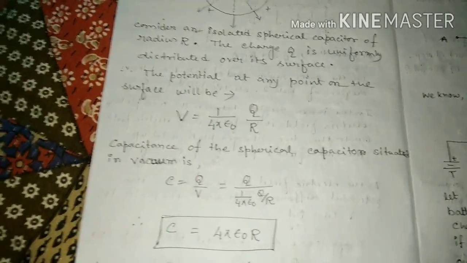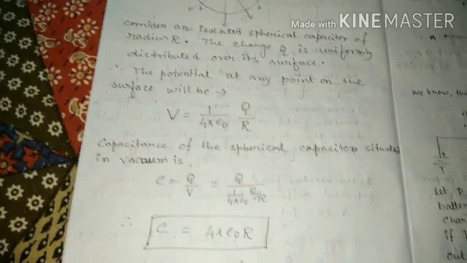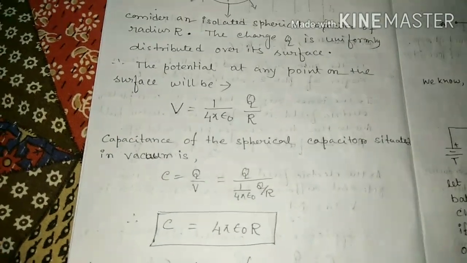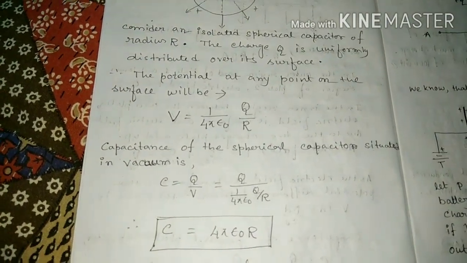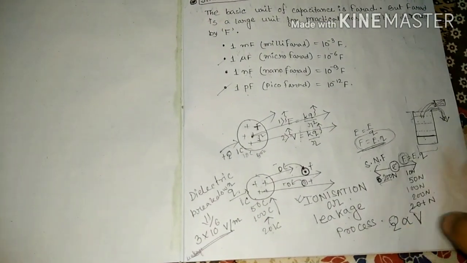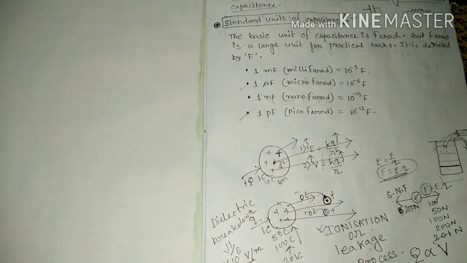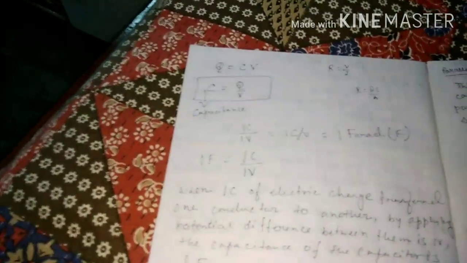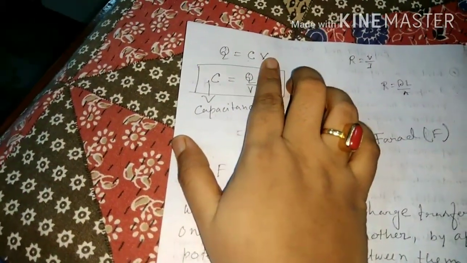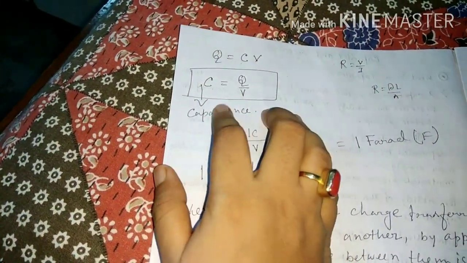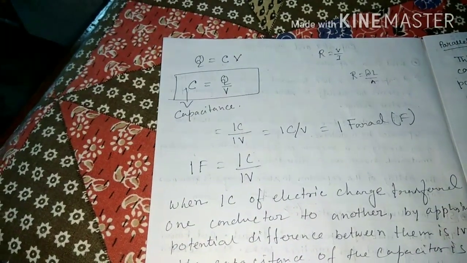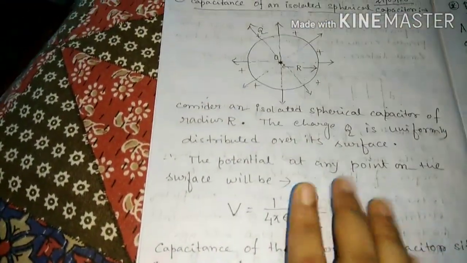After that, we know the equation that we studied in the last class: Q is proportional to V. When we write an equal sign in place of the proportionality sign, we have Q equals C into V, so C equals Q by V. This is the capacitance.